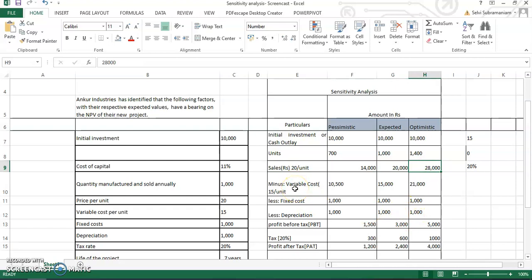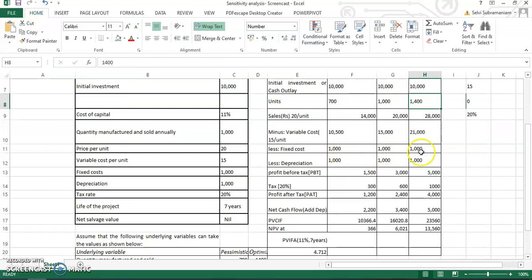Minus all the operating expenses. Variable cost is 15 per unit, so I've taken 15 into 700, 15 into 1000, 15 into 1400. Less fixed cost, which is going to remain constant, so I've just taken it as it is, as given in the question. Minus depreciation, which is 1000, 1000 and 1000.